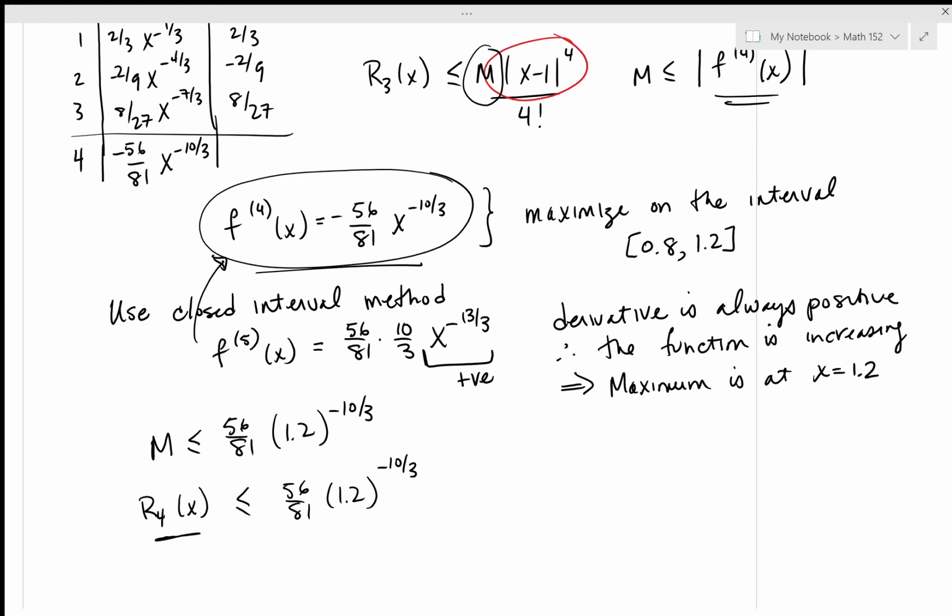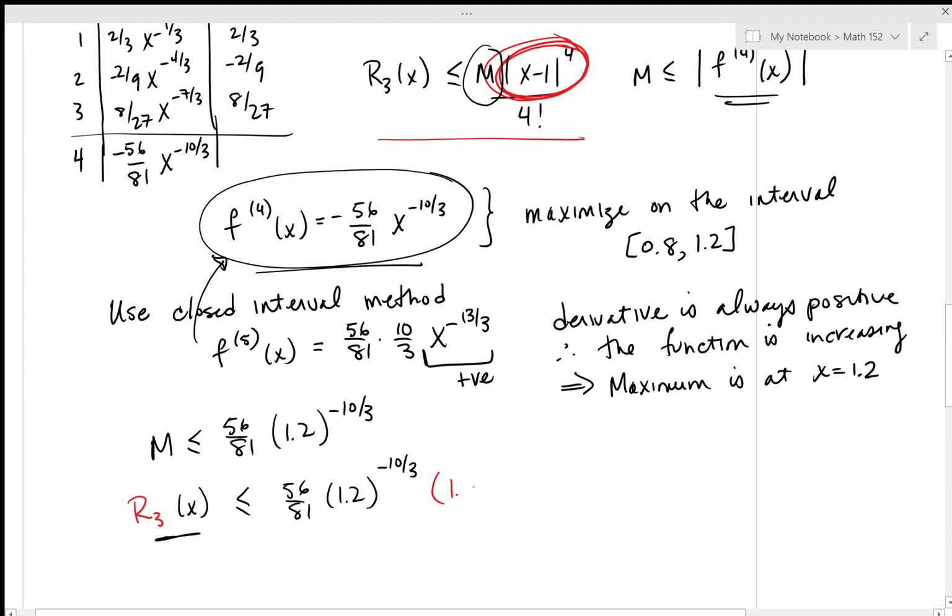Okay. All right. So we're trying to compute this thing here, R3 of x, and we have computed what M is, and then we are looking at what is the maximum value I can get here. So I want the distance between x and 1 in absolute value to be as big as possible. So that is going to be 0.2.